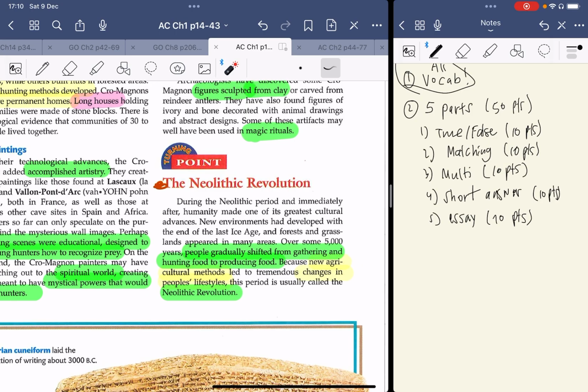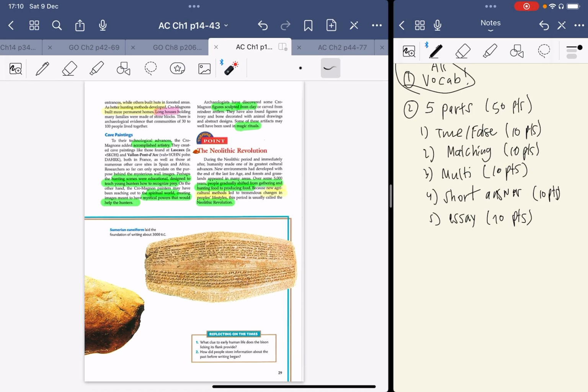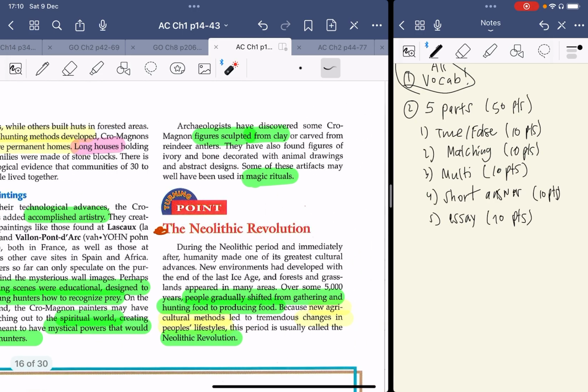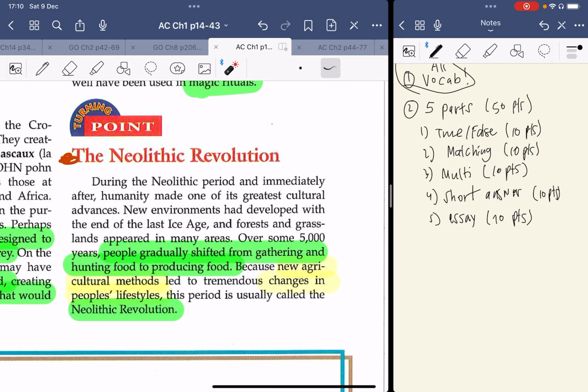And then Neolithic Revolution, just know what it is basically. Okay, it's the new period where people start to develop their agricultural advancements to really produce more food for transforming their lifestyle from being nomads, gathering and hunting food, to becoming the producers of food.